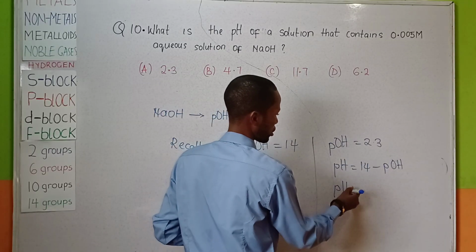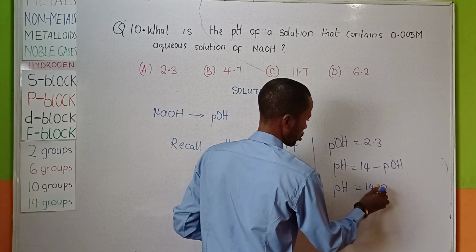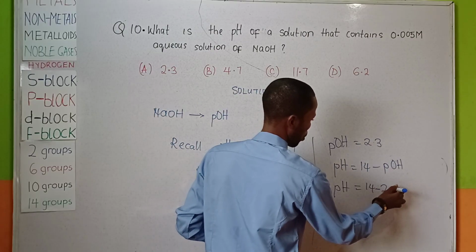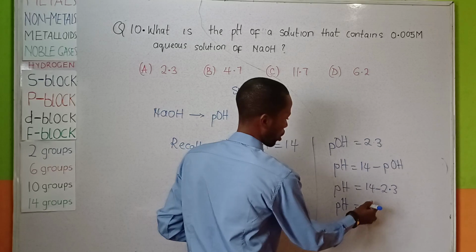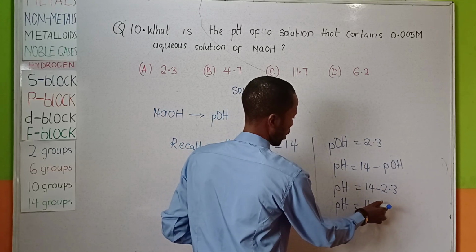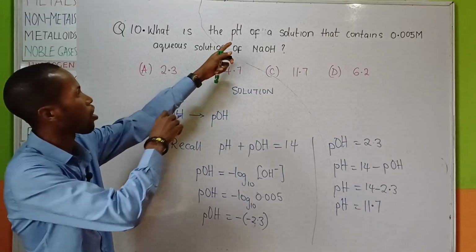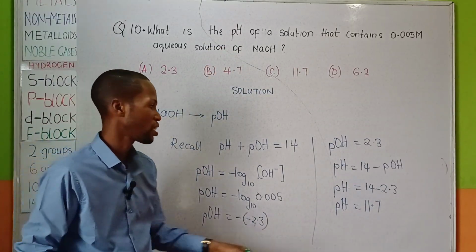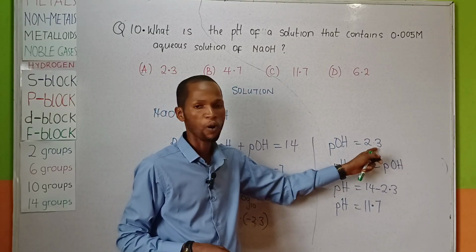We have pH equals 14 minus 2.3. What do we have? pH equals 11.7. Okay, so the pH of this solution is 11.7, while the pOH is 2.3.